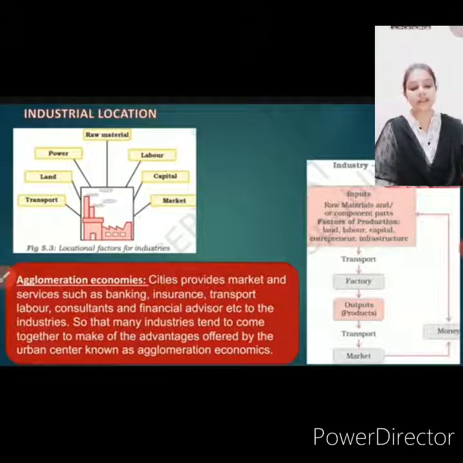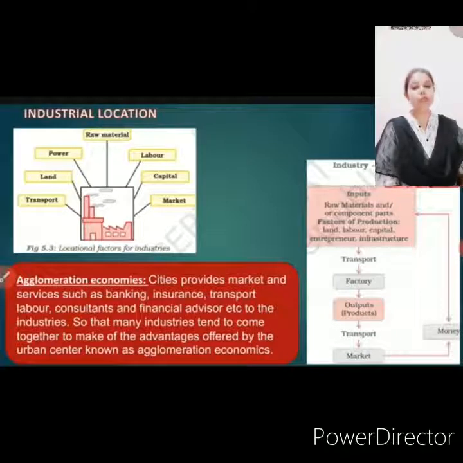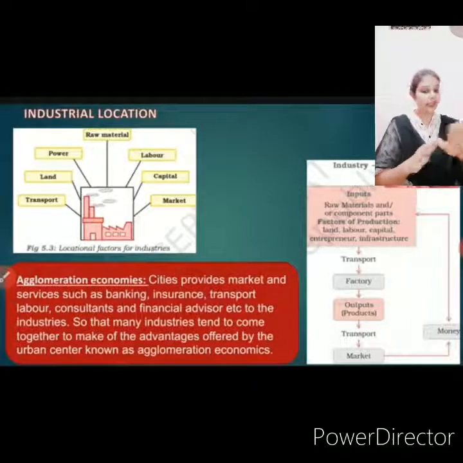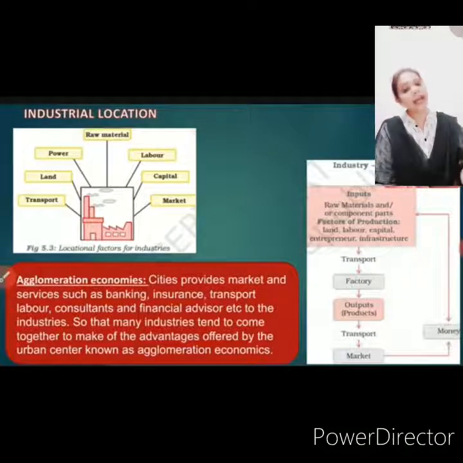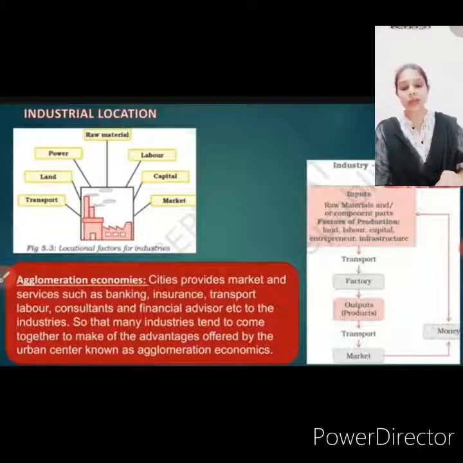When the raw material has turned into finished goods, transport is required again to reach those finished goods to the market area. And after it reaches the market area, it becomes money. So money is required for the output process, and for the input process they also require money.